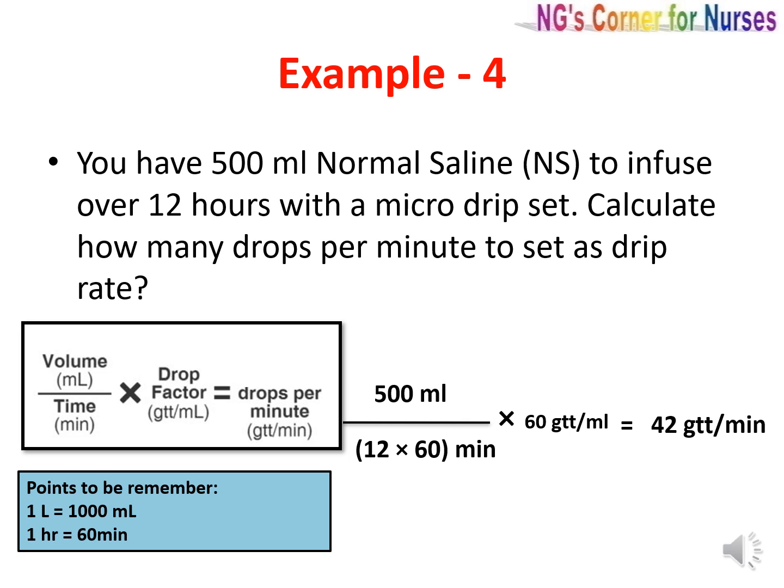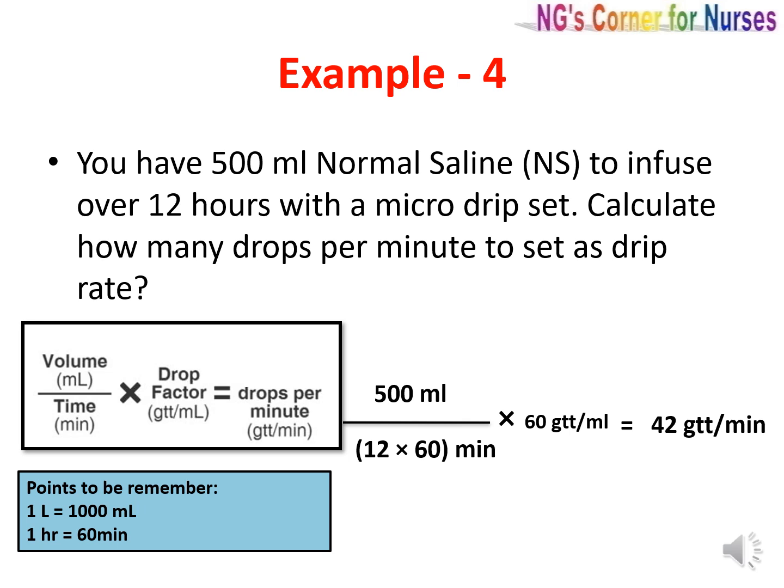Let's see the next example. You have 500 ml normal saline to infuse over 12 hours with a micro drip set. Calculate how many drops per minute to set as drip rate. Here the total volume is 500 ml and the time is 12 hours. We have to convert the hours into minutes, so we are multiplying 60 with 12, because 1 hour equals 60 minutes.